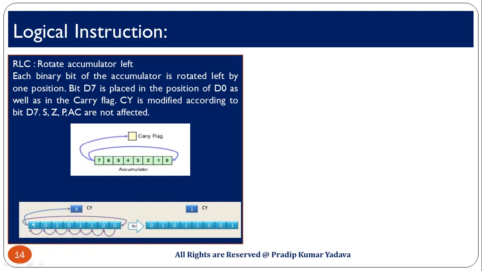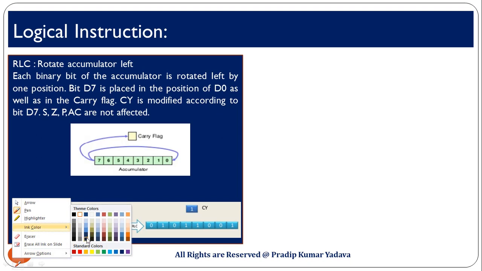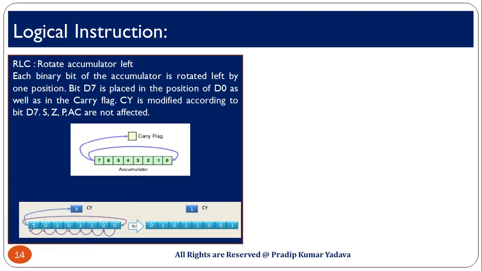The content of this will go to the carry flag and this will be again, and each bit will shift to the left. You can ignore this because the value of carry is not transferred here, that is why I am saying. Okay. So in this you can find out.